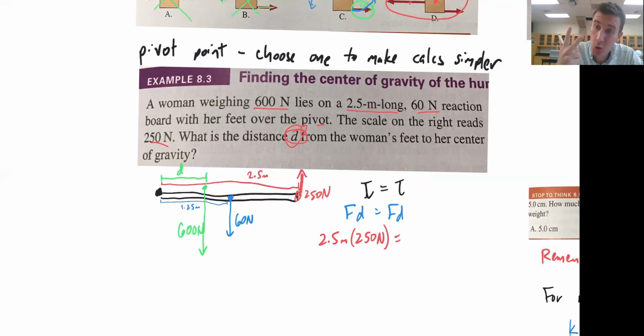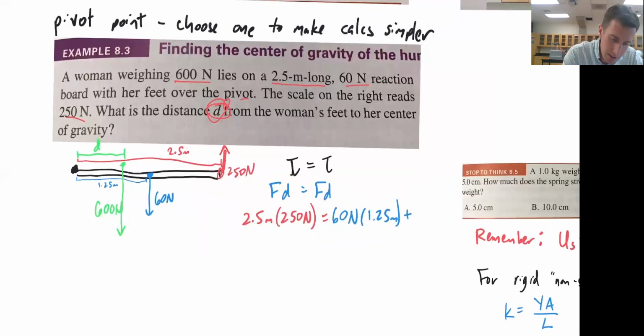equals, I have two sets on this one, right? I've got the weight of the board itself, and that one is going to be 60 newtons times the distance of 1.25 meters plus what I'm solving for, which is her distance, which would be 600 newtons times d. All right, so I'm going to subtract out the 60 times 1.25.